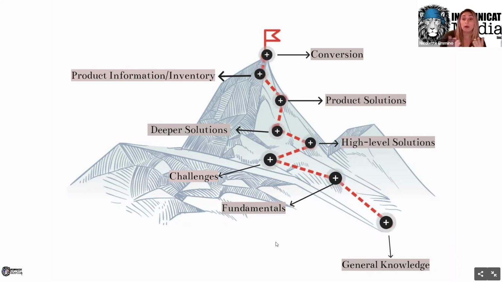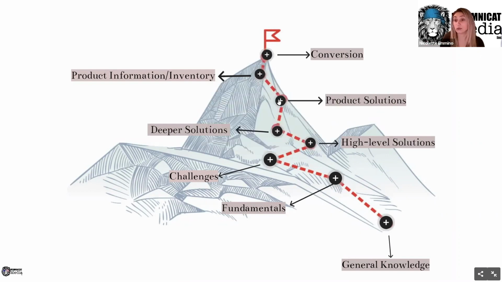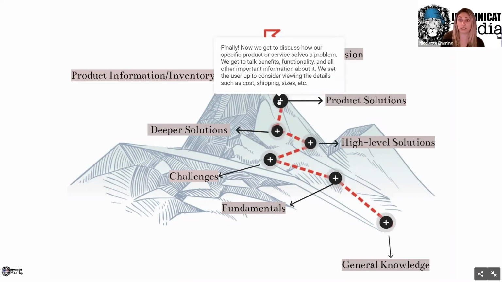If you're a small business and you have a limited budget and you need to lead people up this path with fewer articles, then start there, but lead them. What we see is a lot of people just create the product solutions articles, and they think that's the solution to selling a product, and then wonder why nobody's buying it.